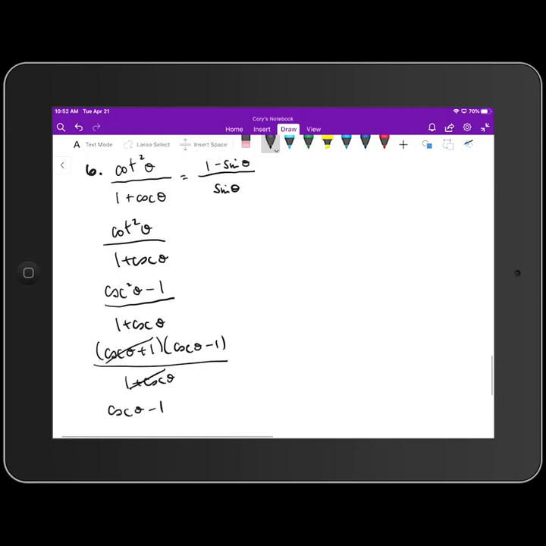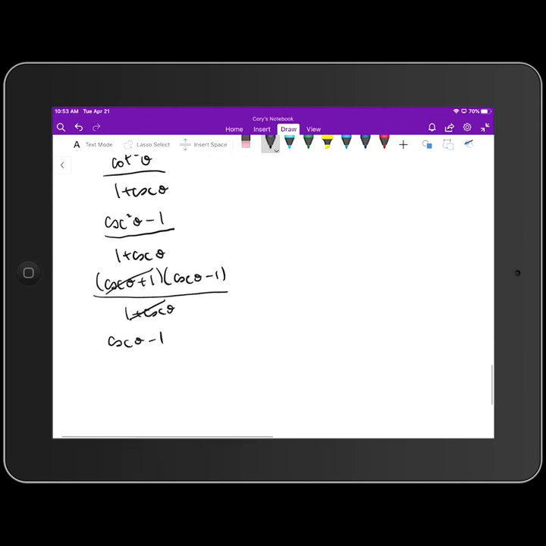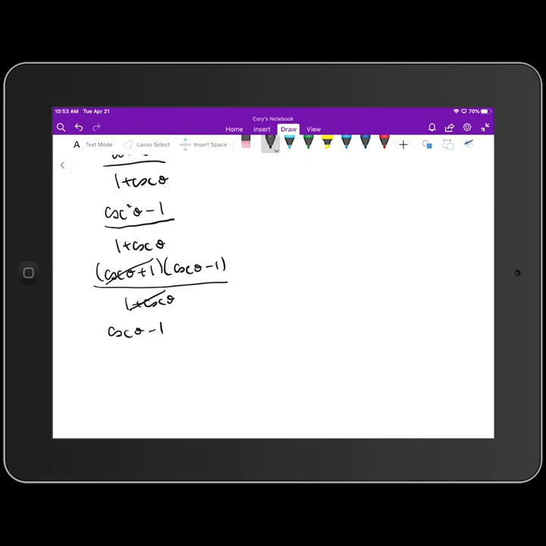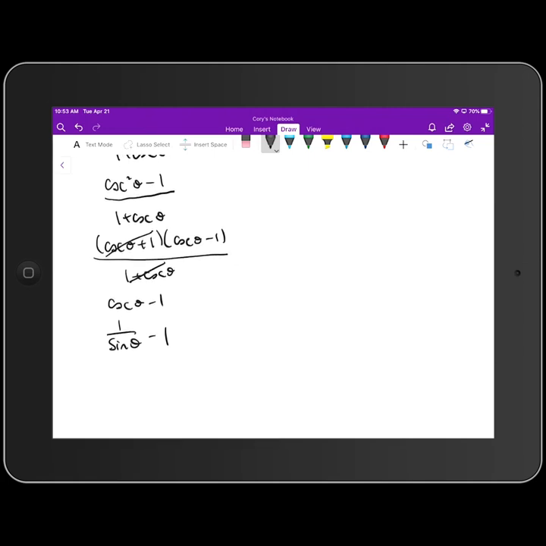Well, when we look at it, the right-hand side is written in terms of sine only. So we're going to rewrite cosecant in terms of sine. So cosecant is 1 over sine minus 1. And then I just want to get a common denominator so I can combine that into a single fraction. So my common denominator for both of those fractions is going to be sine.